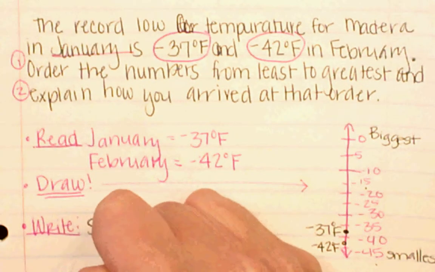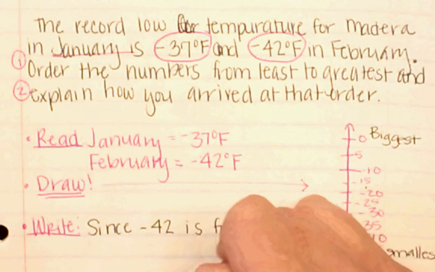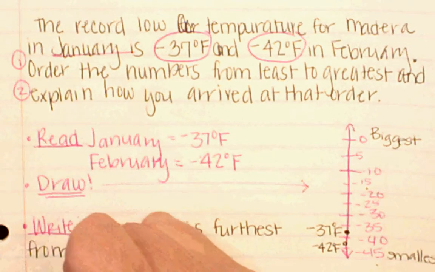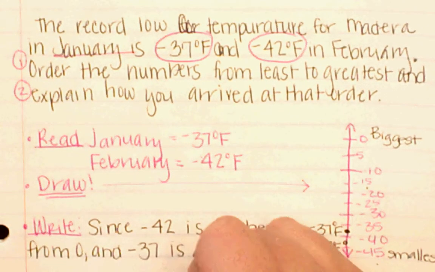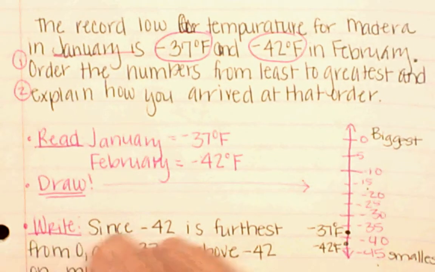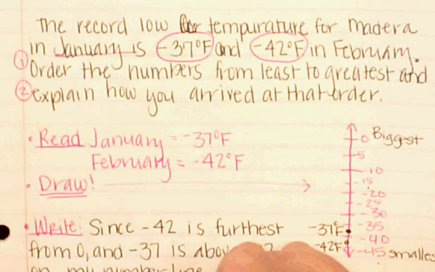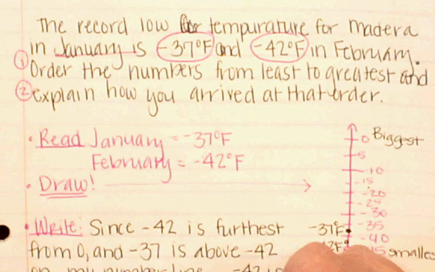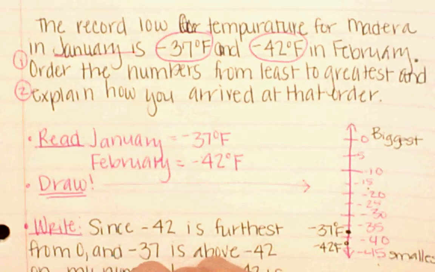Since negative 42 is furthest from 0 and negative 37 is above negative 42 on my number line, negative 42 is less than negative 37.